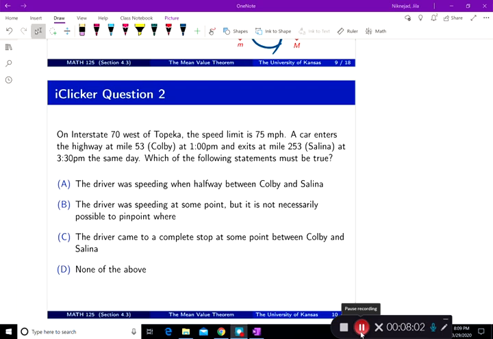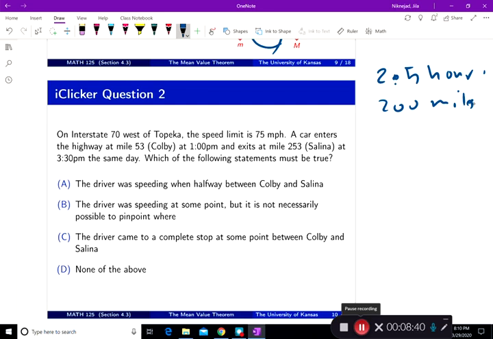A car enters the highway at mile 53, Colby, at 1 p.m. and exits at mile 253, Salina, at 3:30 p.m. So the car takes 2.5 hours, and then the distance is going to be 200 miles. Which of the following statements must be true?